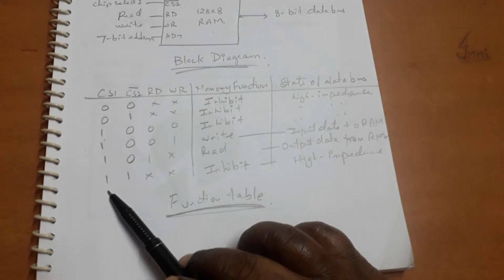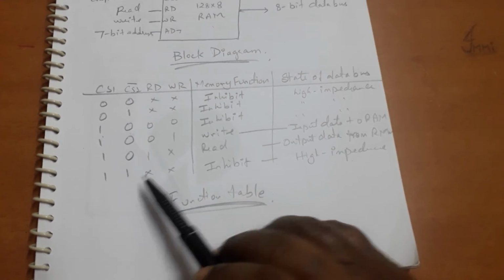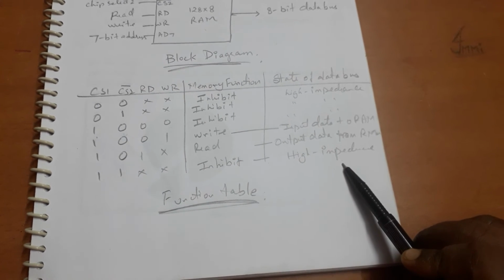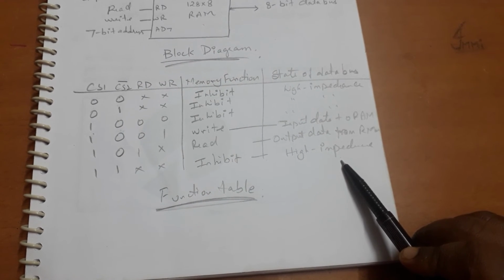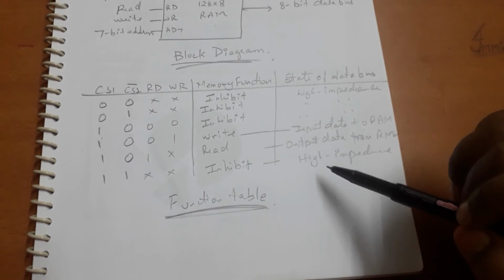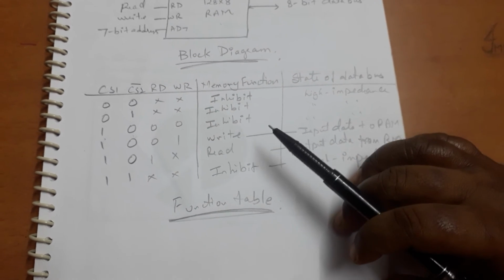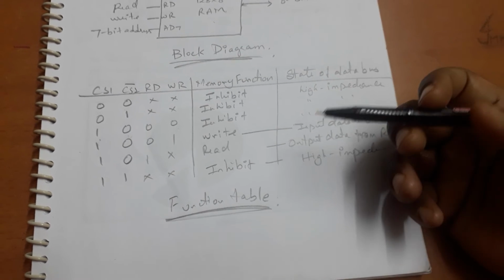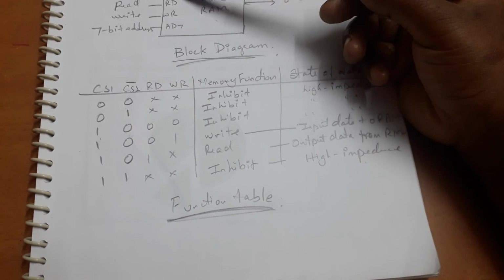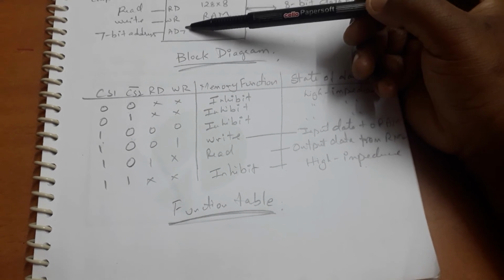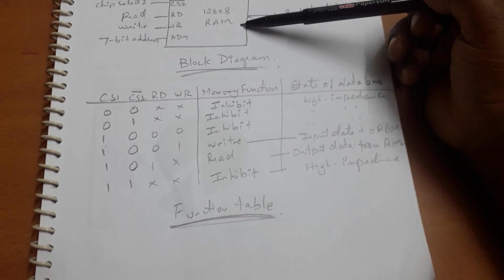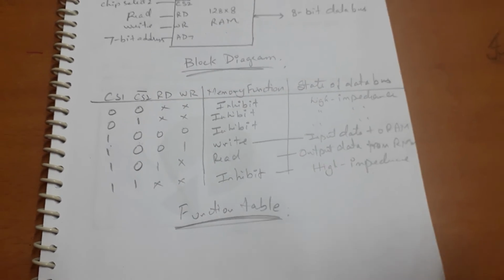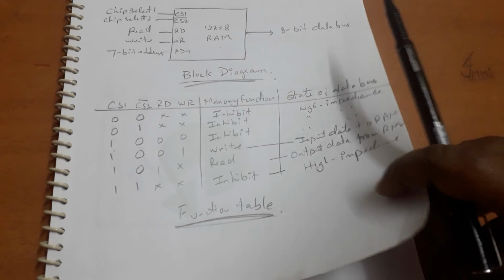If you keep these two values as 1, 1, it again goes into the high impedance state. So this is all about the RAM chip and how it works. Depending upon what operation the processor is planning to do, it will enable these pins, make the RAM work, and get some data out of the RAM to the processor.